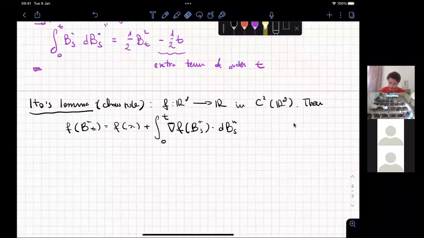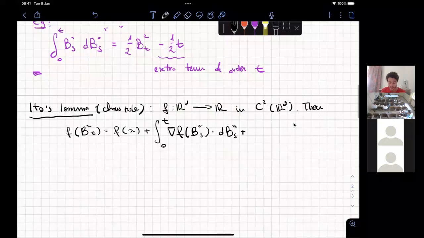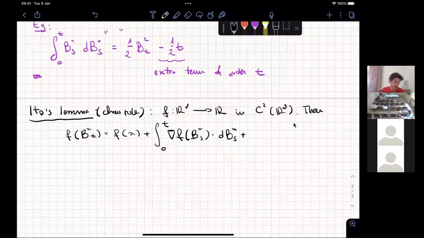So it's well defined, but it's not trivial. And this is the normal part, the one that behaves like the standard chain rule. But then we have to add the correction we saw before.